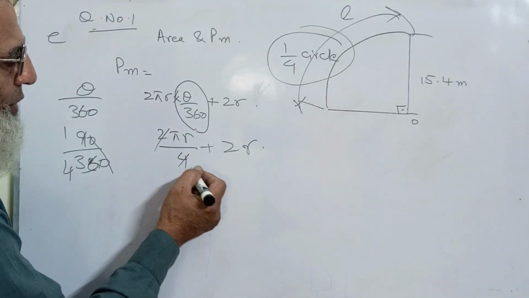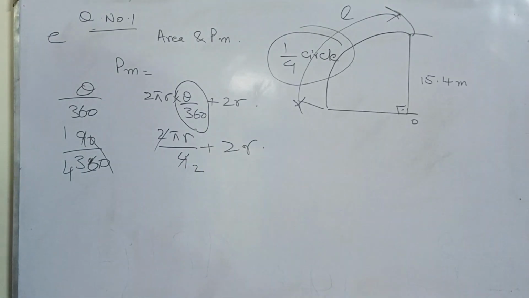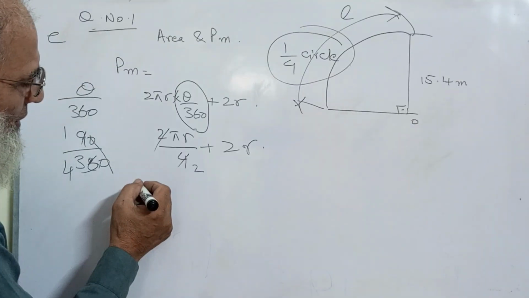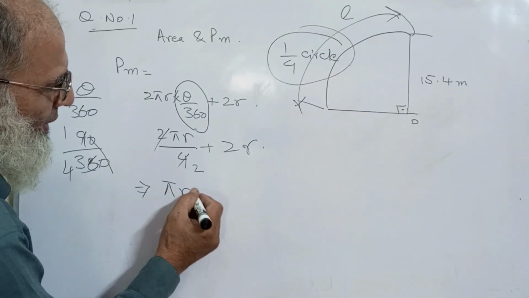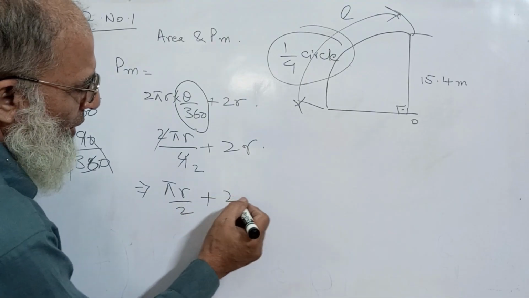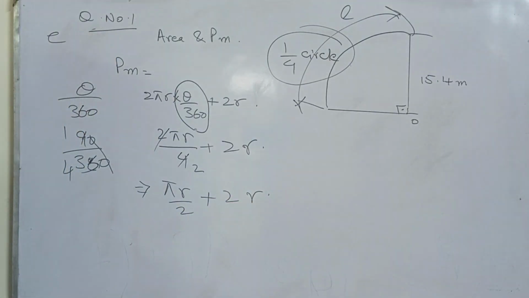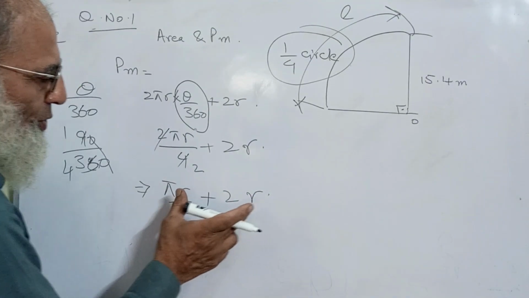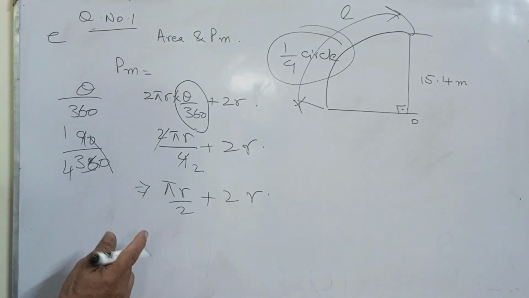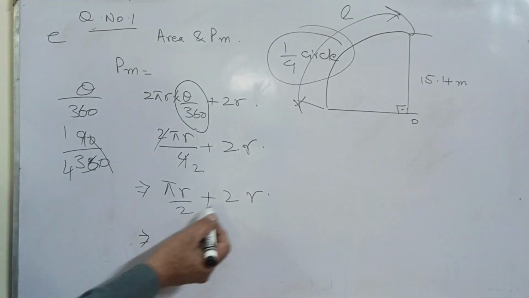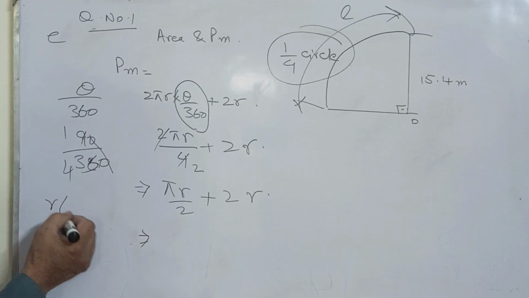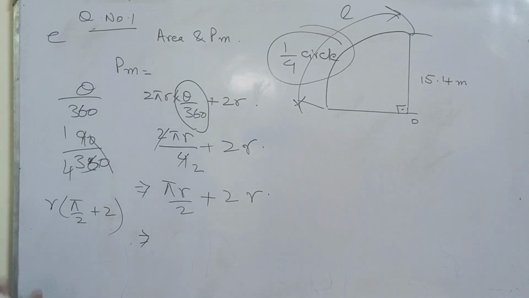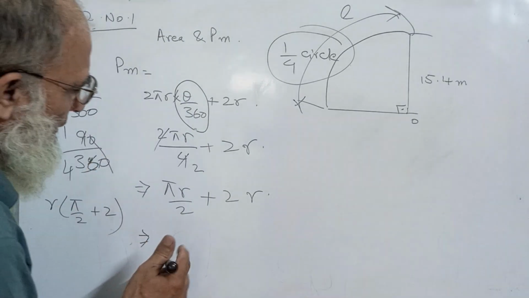And of course you can also simplify this. Now we are left with pi r divided by 2 plus 2r. You can also bring r common, like this: r times pi upon 2 plus 2, but I am going to do it in linear fashion.